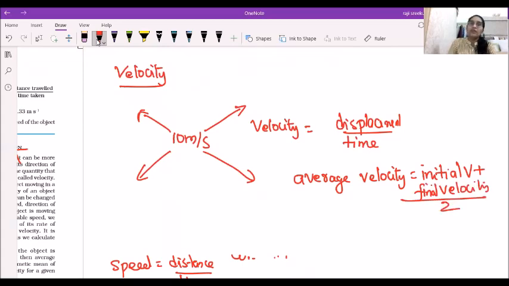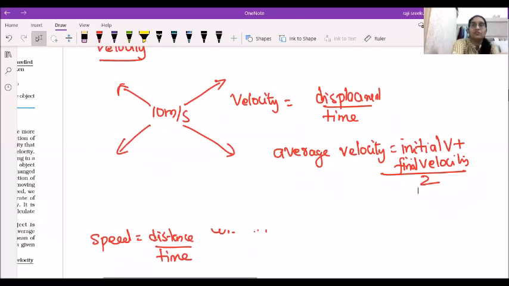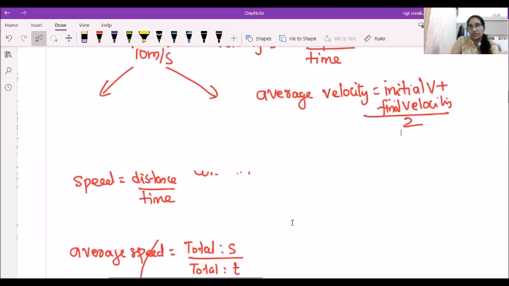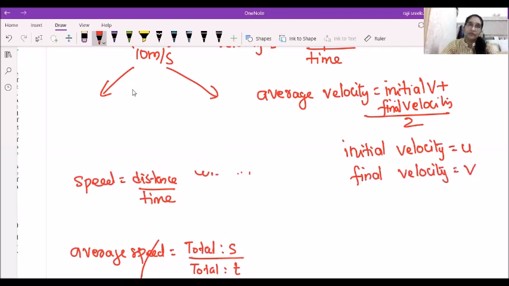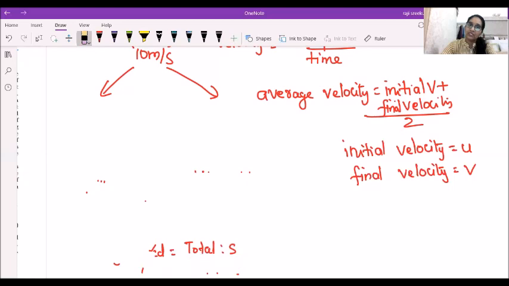Initial velocity is represented by u, final velocity is represented by v. Okay, so how will we write our equation? Average velocity is equal to initial velocity plus final velocity divided by 2.